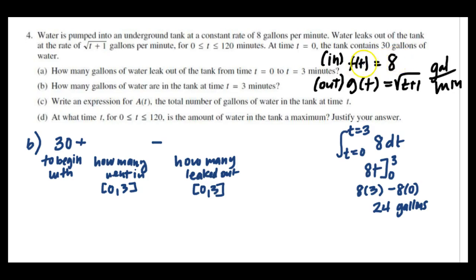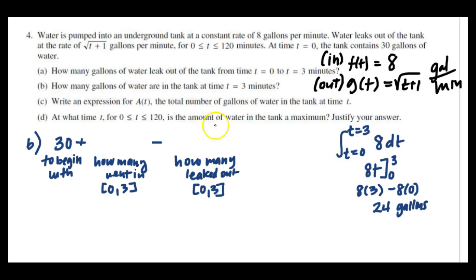So after 3 minutes have passed, there must be 8 times 3, so 24 gallons in there. So if you could have understood that based on the fact that the water coming in was constant, you didn't have to show this work for the integral. But setting up this integral is perfectly fine and definitely shows a conceptual understanding.